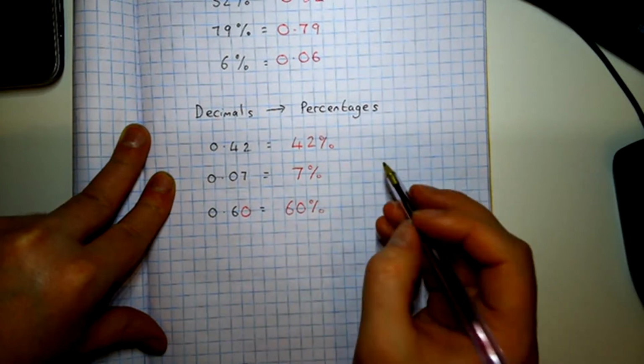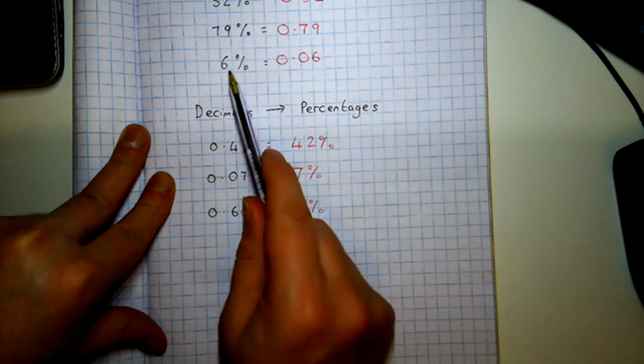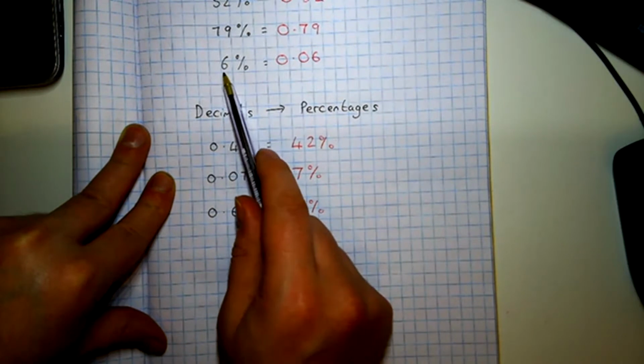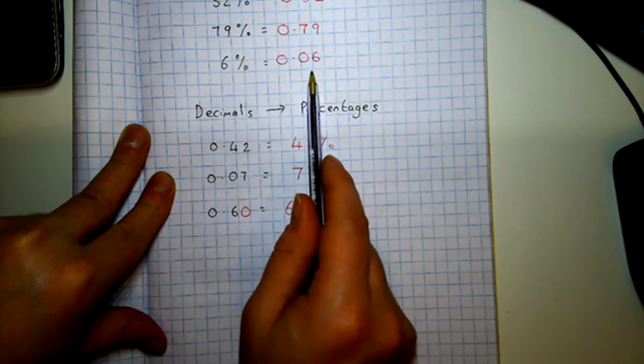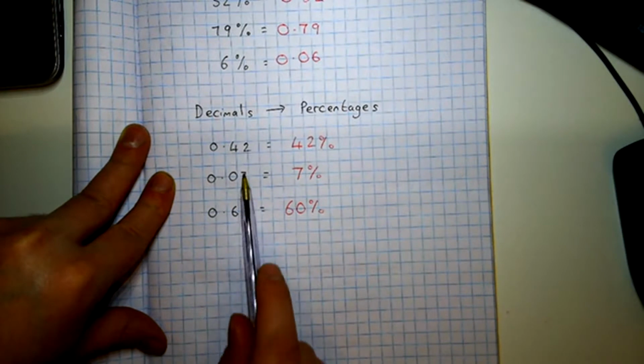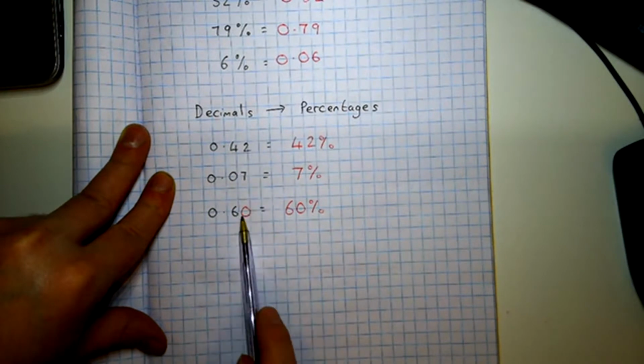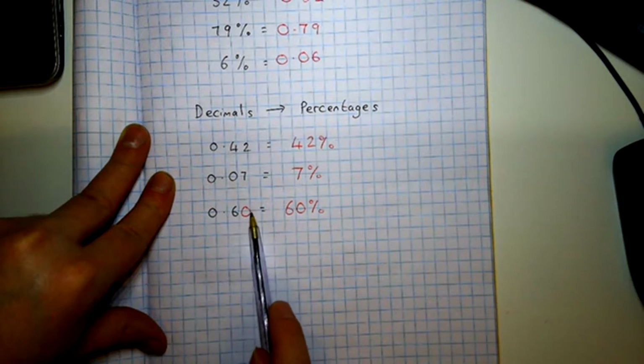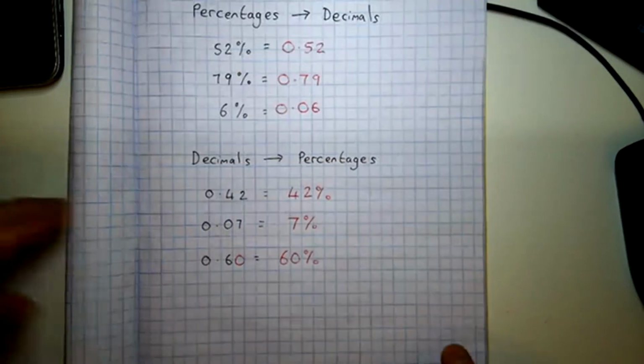Okay, so we've got to be careful with these ones. We can trip up here by just putting 0 point whatever this number is. You've got to remember to move it twice. And here we can mistakenly just write down whatever the number is here without thinking about 2 decimal places.